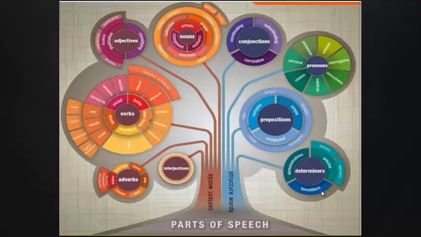So parts of speech in the English language are 9 components. We start from the right: determiners, prepositions, pronouns, conjunctions, nouns, adjectives, verbs, adverbs, and interjections. We are not going to study all of them, but we are going to confine ourselves to some items only.